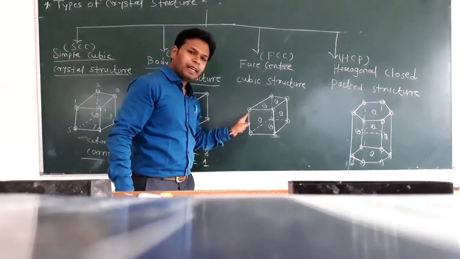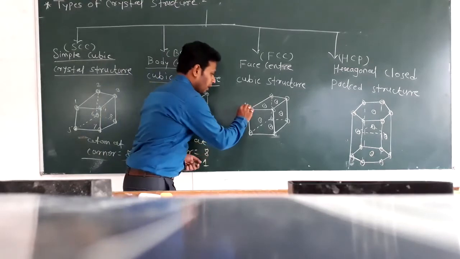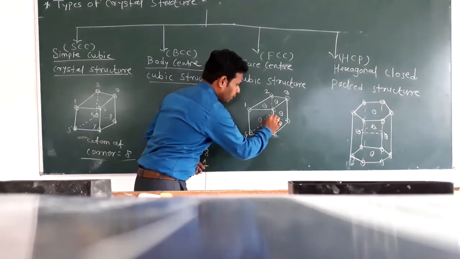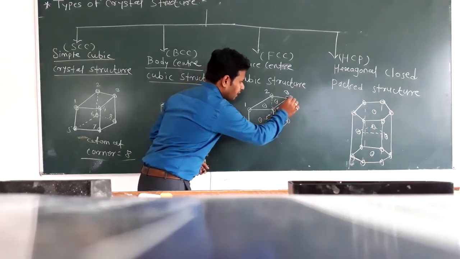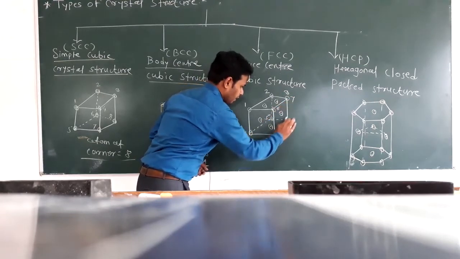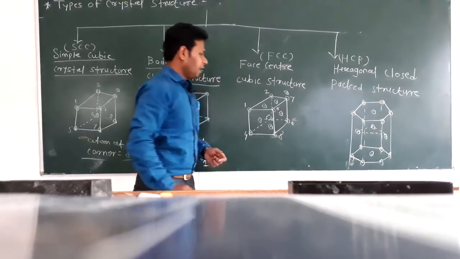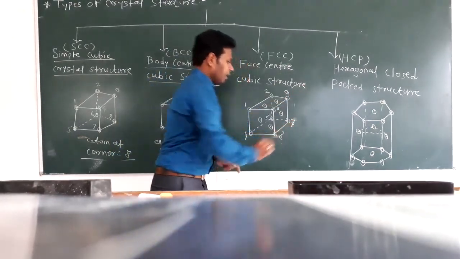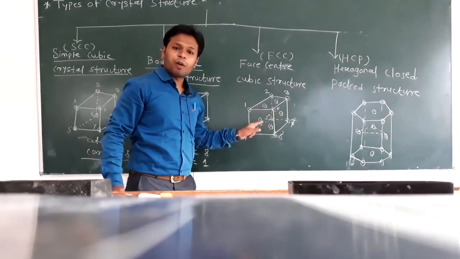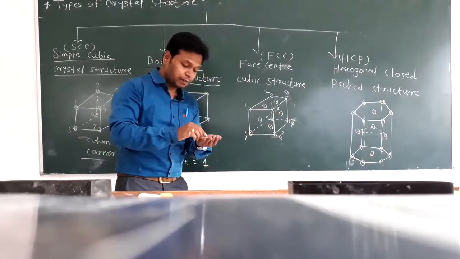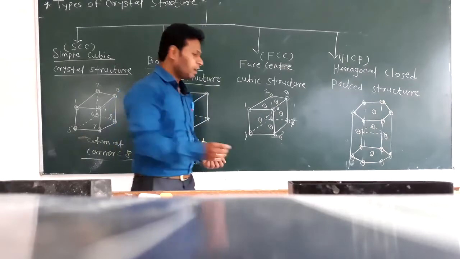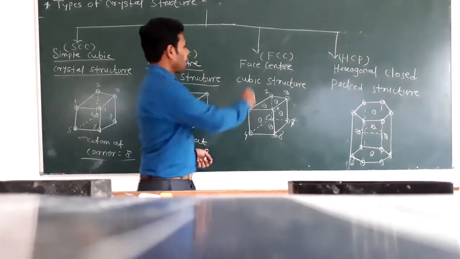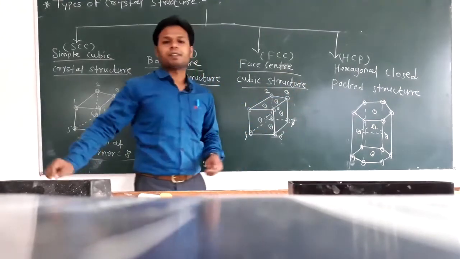See, there are 8 atoms, 1, 2, 3, 4, 5, 6, 7, 8 atoms placed at the corners of the cube, and there are 6 atoms placed at the face of each plane, known as face center cubic structure.